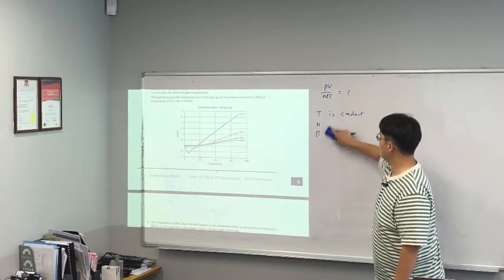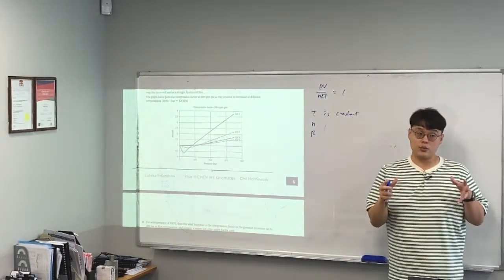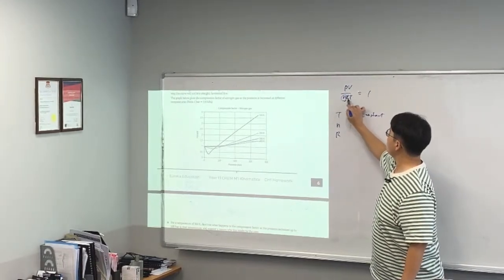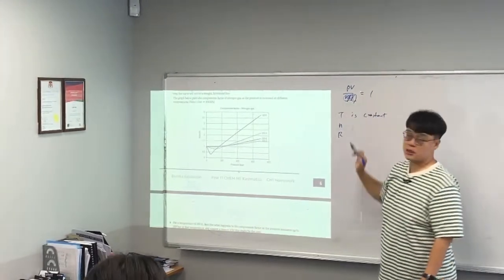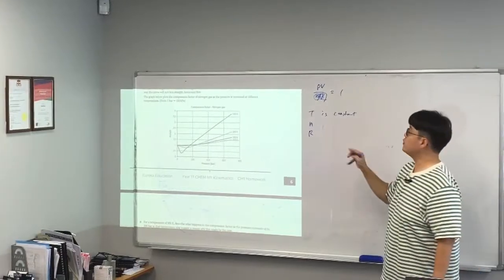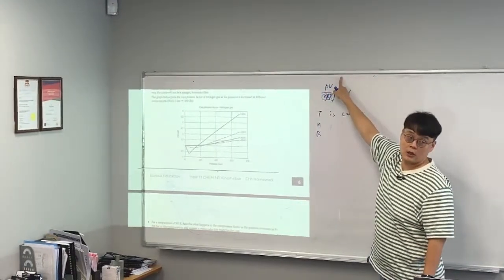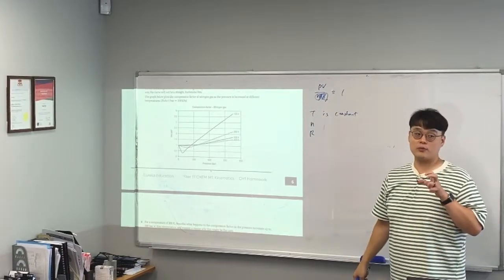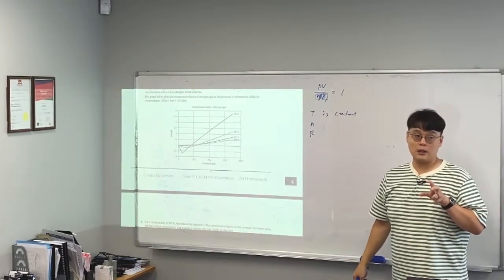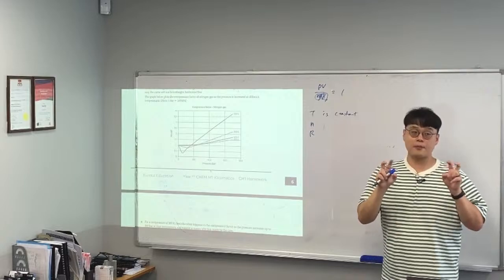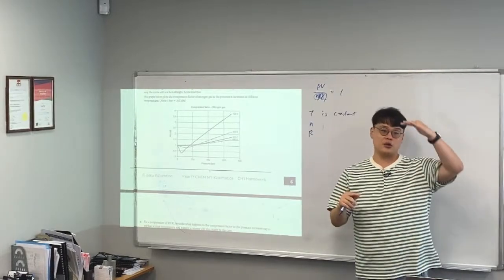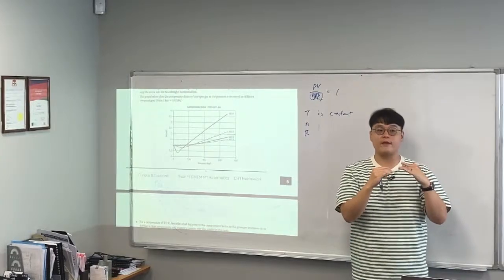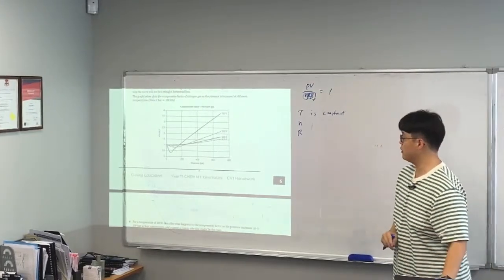If n, R and T are constant, then the only affected variables would be P and V. So this graph represents what happens to the volume as we increase the pressure. This is why we call it the compression factor: as you compress gases down, you increase the pressure and that affects the volume too.